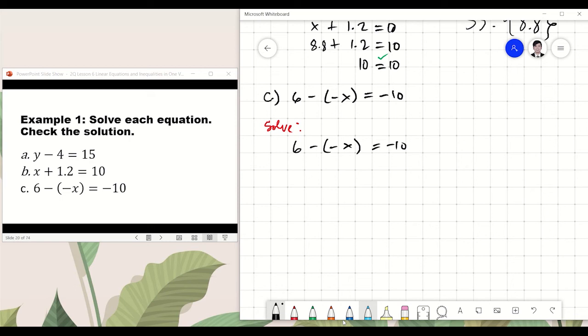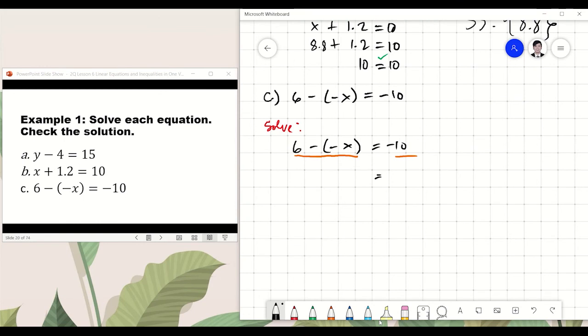We just have to bear in mind that we just have to apply what we've learned in Module 4. We simplify the expressions before we solve. Okay? So isipin nyo na lang, dapat isi-simplify mo yung left side, isi-simplify mo din yung right side. So focus muna tayo sa left side.